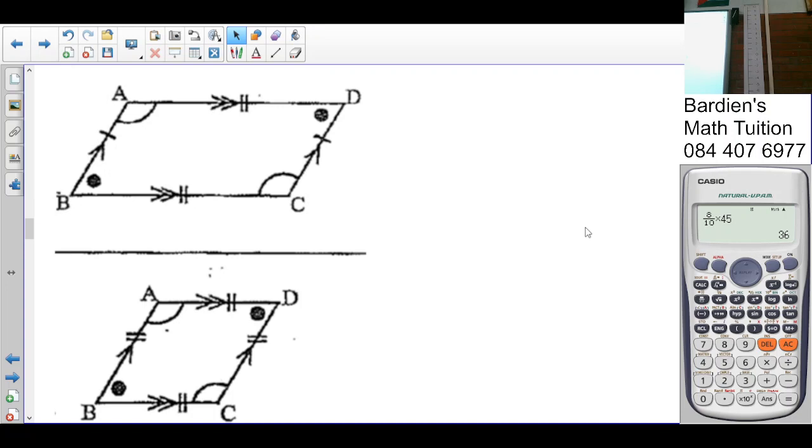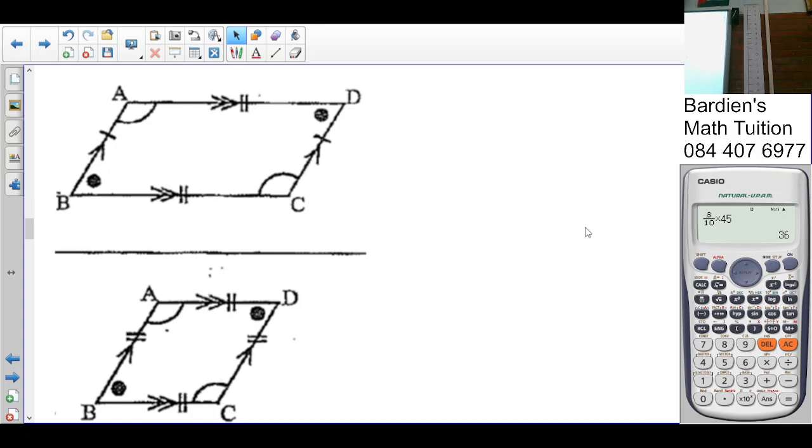Okay, that is a parallelogram. So at this stage, there's normally 4 properties of a parallelogram. In grade 8, we're dealing with 3. So we won't talk about the diagonals here.